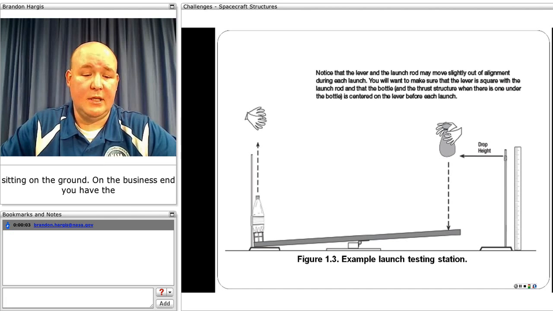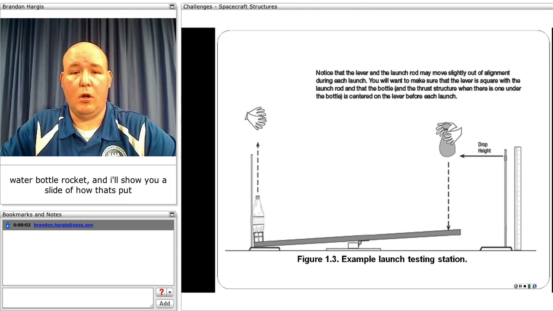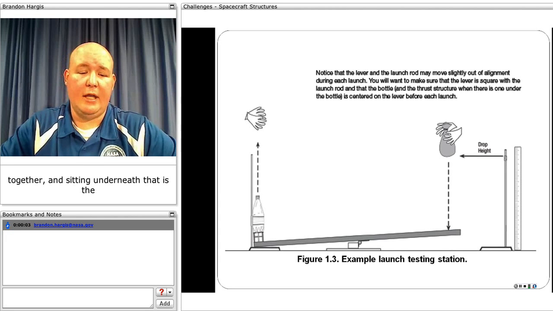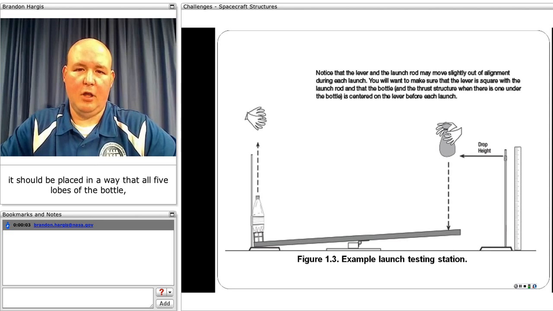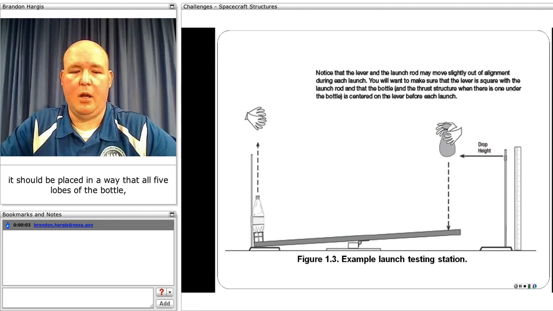On the business end, you have the water bottle rocket, and I'll show you a slide of how that's put together. And sitting underneath that is the thrust structure that the students will be building. That thrust structure will be placed there each time, and it should be placed in a way that all 5 lobes of the bottle, the base of the bottle, rest on the thrust structure itself.